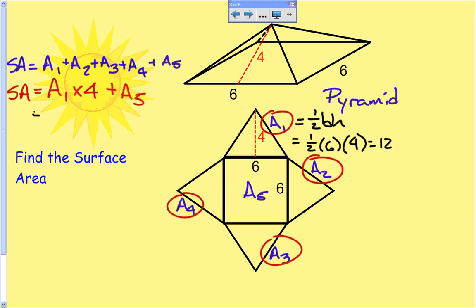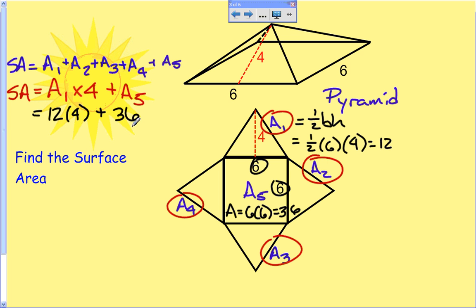So to find our surface area, we're going to take 12 times 4. Now we just need to find area 5. Area 5 is a square, so we're just going to take 6 times 6. So the area is 6 times 6, which gives me 36.